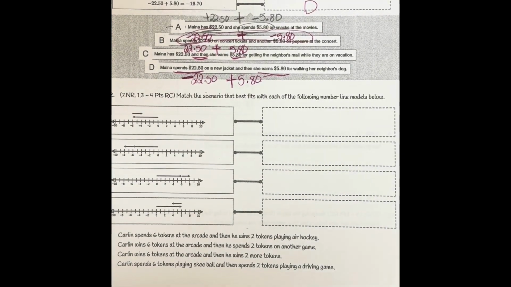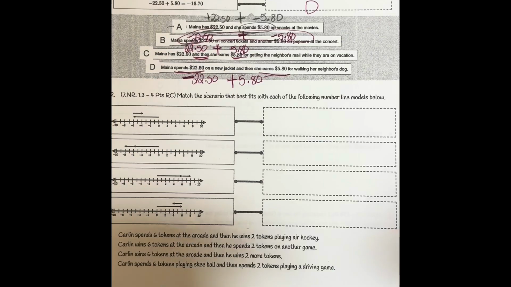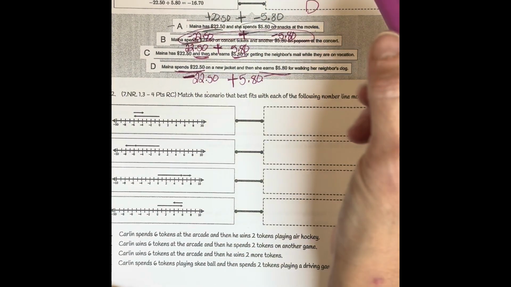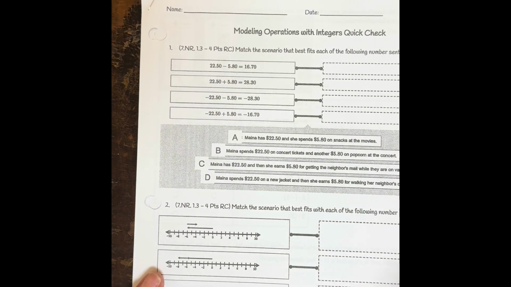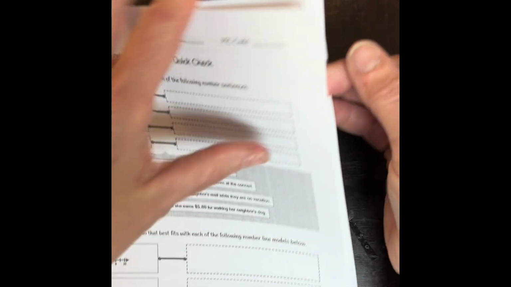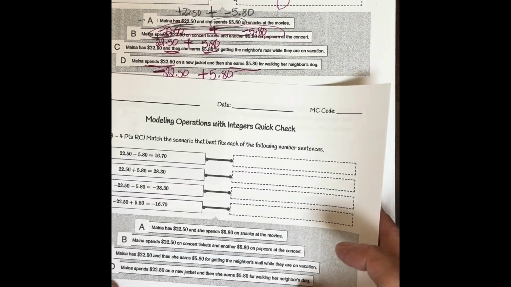And what's happening right there is exactly what you're going to be doing on here. Because on the formative, it's going to look like this. I'm going to get another copy and put these side by side because I want y'all to see what I'm doing.